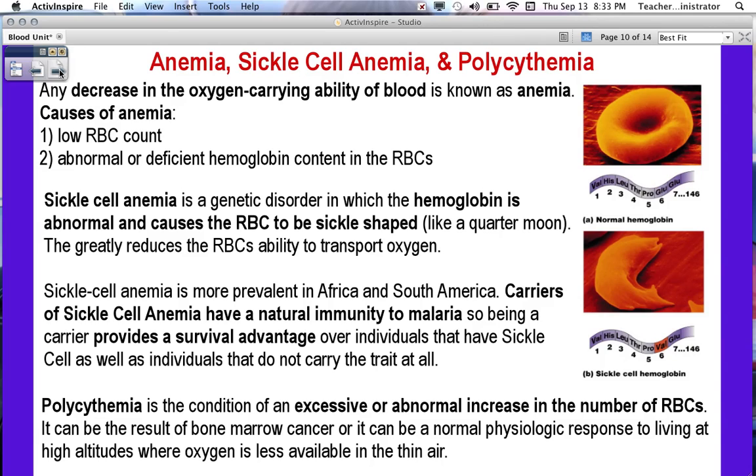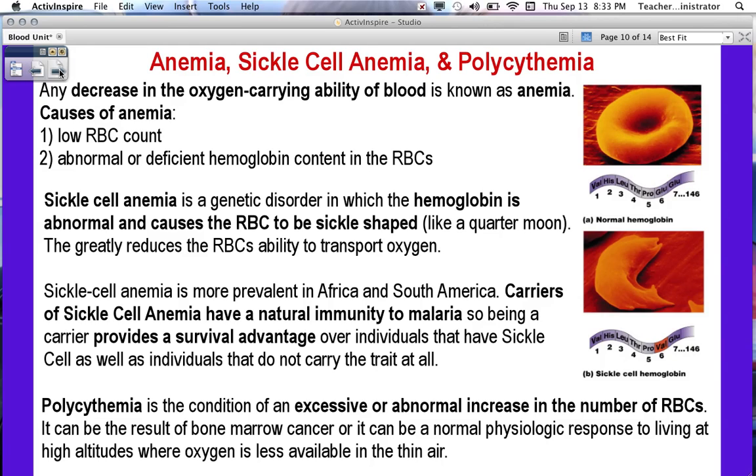Let's look at a couple of disorders that involve the red blood cells. You have what's called anemia, sickle cell anemia, and polycythemia. So any decrease in the oxygen carrying ability of your blood is going to be known as anemia. And so, of course, this is going to involve your red blood cells because they're, again, the ones that are responsible for transporting the oxygen throughout the blood.